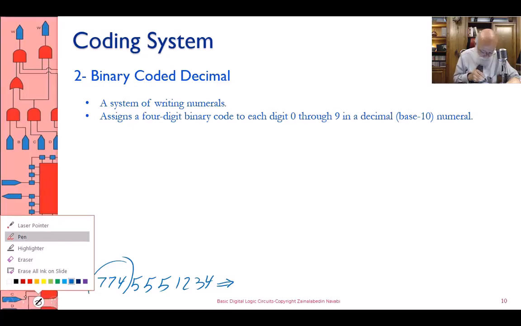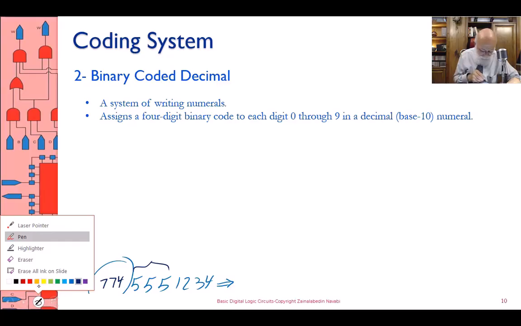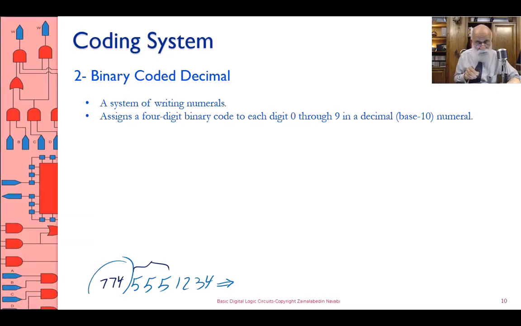So this is what I'm going to do. These are numbers in Massachusetts, 774. Or maybe this is the exchange. You still want to identify that. If you take this number and individually turn them into 4 binary digits, then it becomes like this.